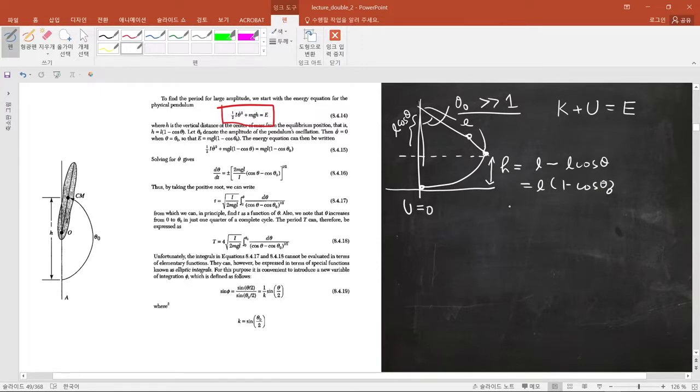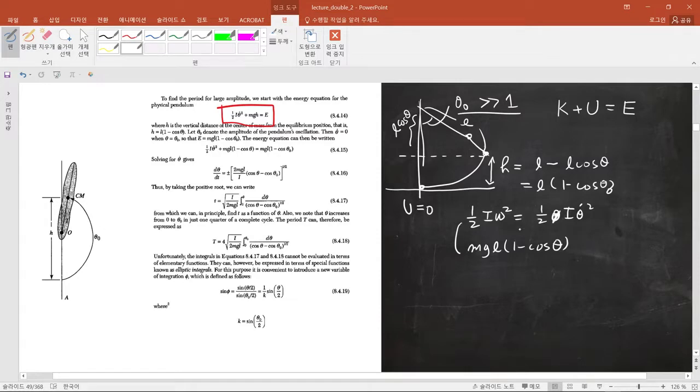Okay, so kinetic energy is 1/2 I omega squared, which is equal to 1/2 I theta dot squared, plus the potential energy, mgl times 1 minus cosine theta, when it has moved to an arbitrary theta.